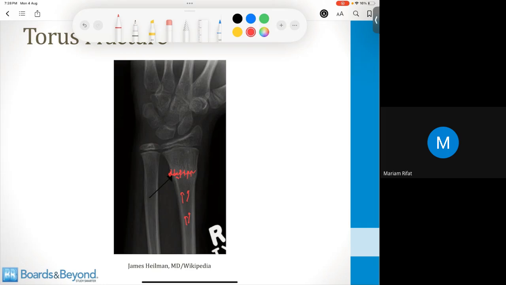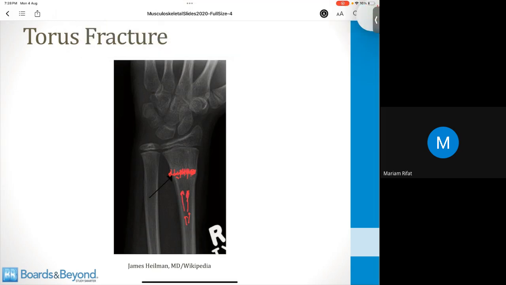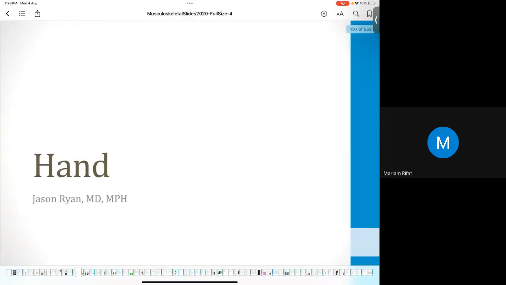An axial force is going to push the bones into one another, and you're going to see a fracture here. This kind of fracture is called a torus fracture. Is it clear?